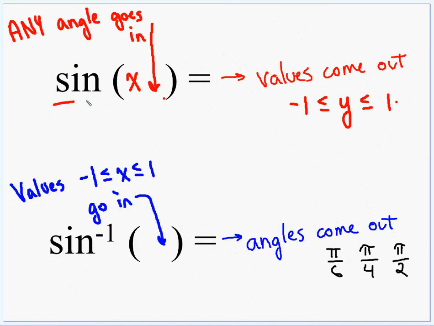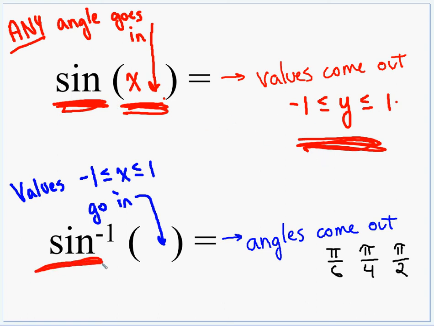Here in the sine function, angles go in, values come out. So here it says any angle goes in, the sine of some angle. We can put any number in for x. The numbers that pop out are going to be a number between 1 and negative 1. Now, for sine inverse, those domains and ranges will flip. So for sine inverse, the only thing that's allowed to go in here are numbers between 1 and negative 1.